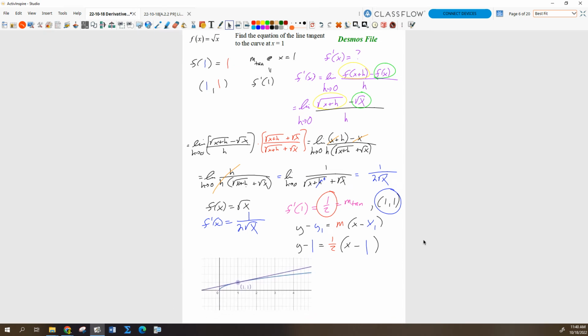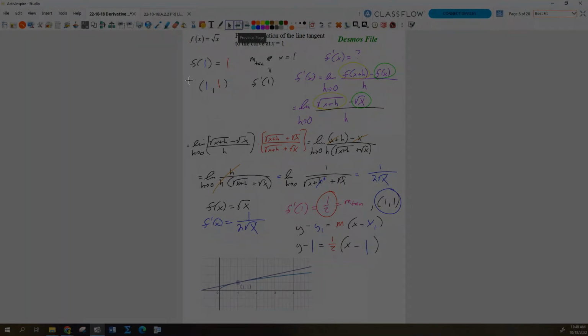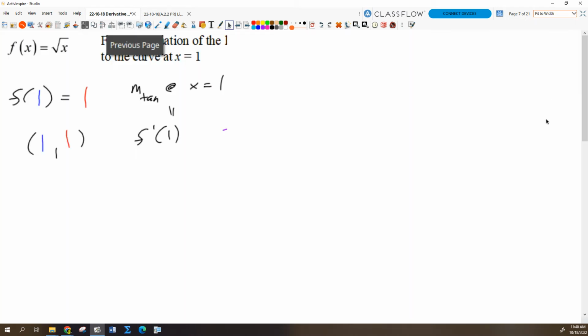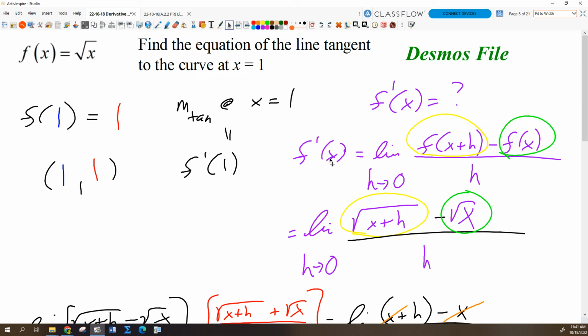Okay, so one more thing here, though. On the last example, we found the derivative function and evaluated it at 1.